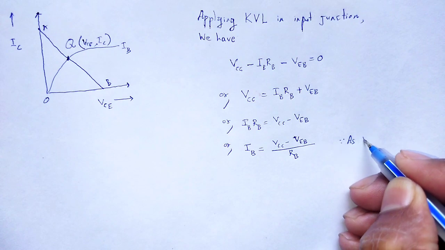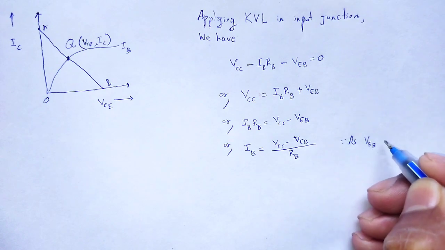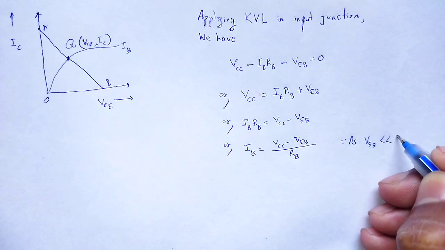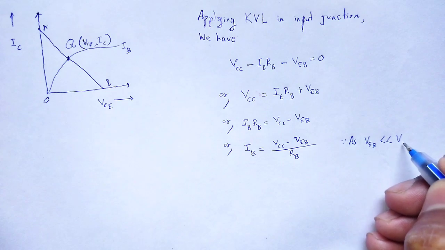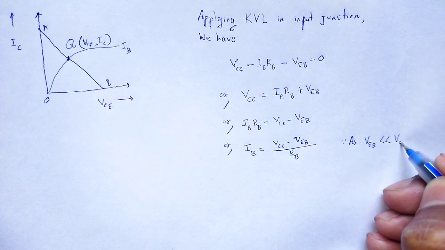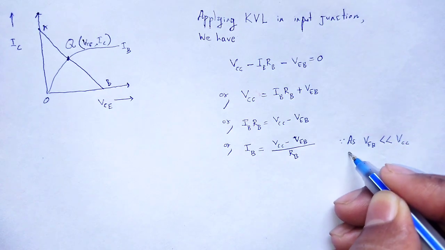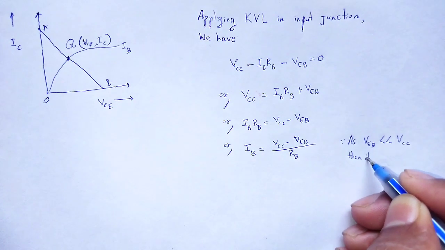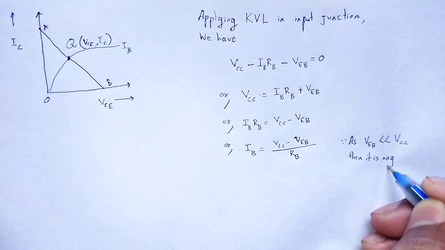As VEB is much less than VCC, then it is neglected.